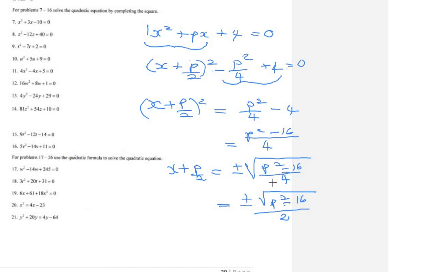Okay, because the square root of 4 is 2. Okay, and then I can move over my p over 2, so I just have x on that side. So this is going to be minus p, and because that is also over 2, I can put everything now over 2. Okay, that 2 is a bit ugly. Let me put a better 2 there. And then this is plus minus the square root of p squared minus 16.